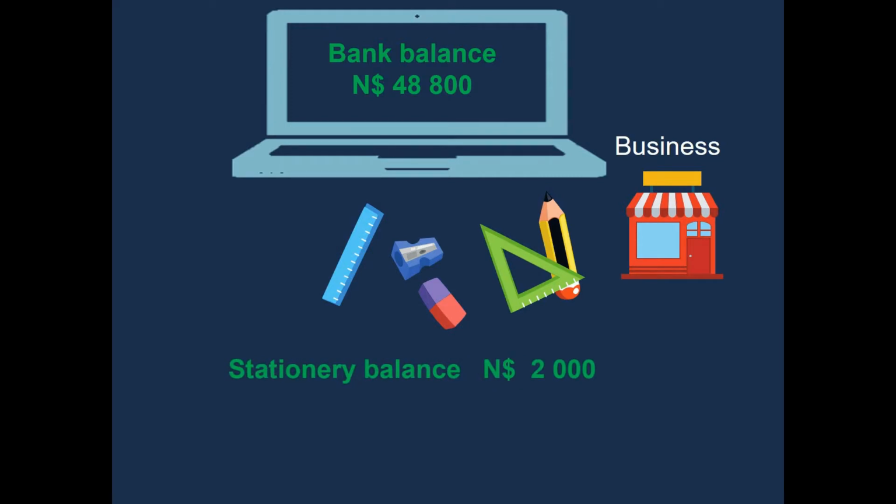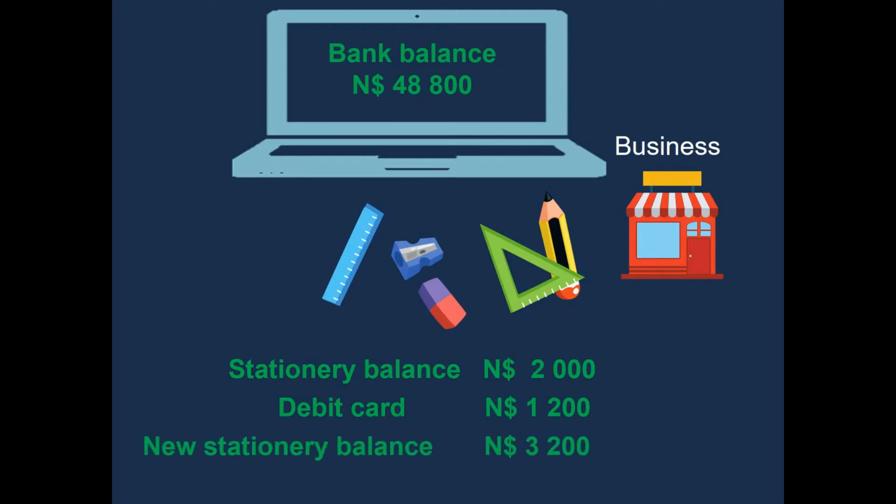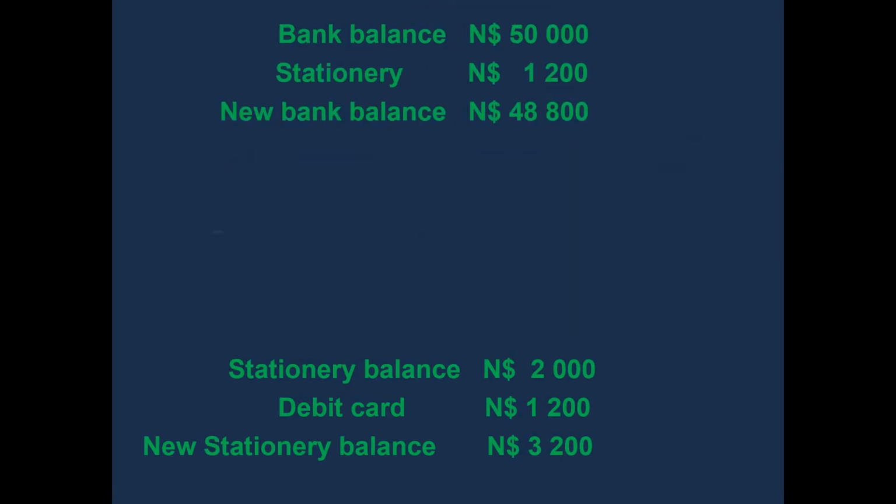Also, the business previously paid for stationery worth 2,000 Namibian dollars, and now with the additional stationery bought by debit card of 1,200 Namibian dollars, the stationery now increased to 3,200 Namibian dollars.